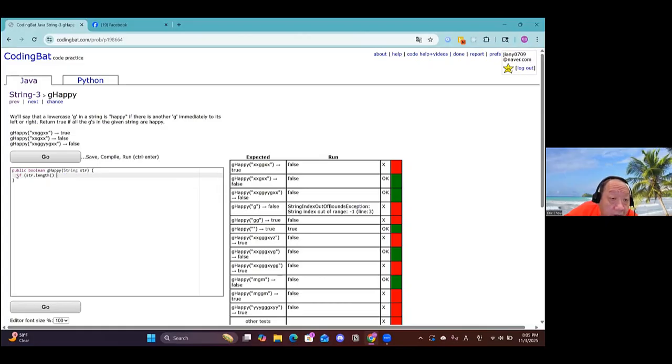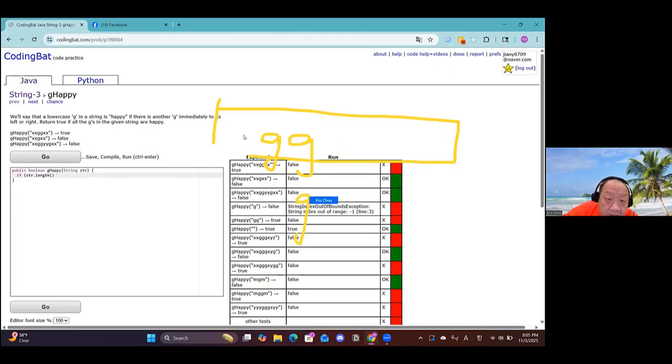So G happy, what do they want to have in this problem? Don't type anything yet. It says that G is happy if another G is immediately on the level, right? So you are trying to find a G that has a G before it or after it. Or you have a G that has no one before it or after it. So which one do you need to look at?